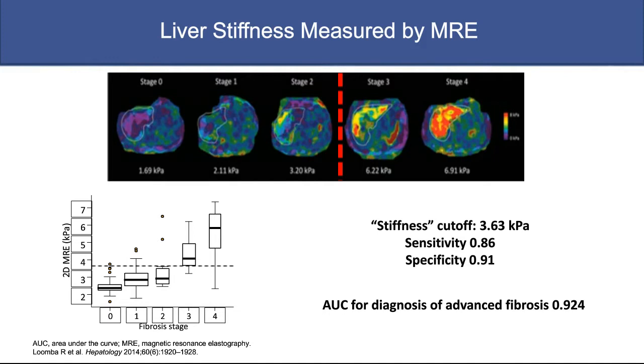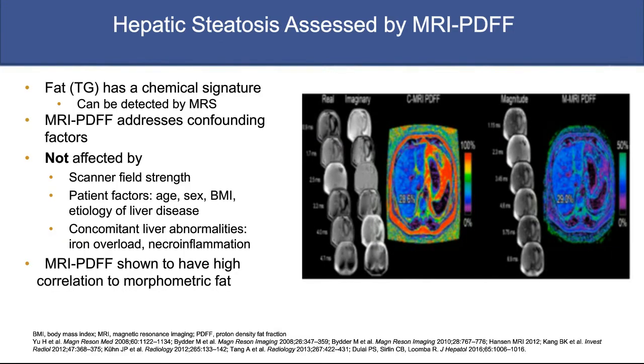Another important component of assessment that would be helpful for patients with NAFLD is hepatic steatosis, and MRI PDFF can actually do this. In this context, fat or triglyceride has a chemical signature that can be detected by MR spectroscopy.